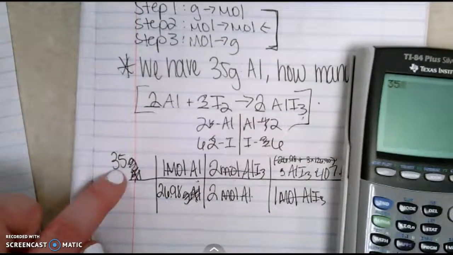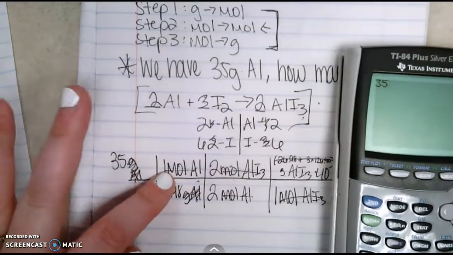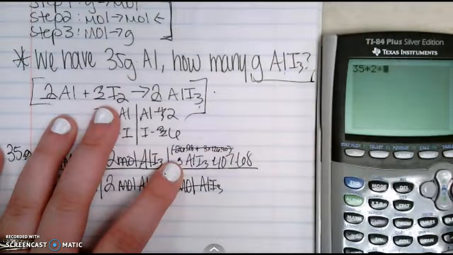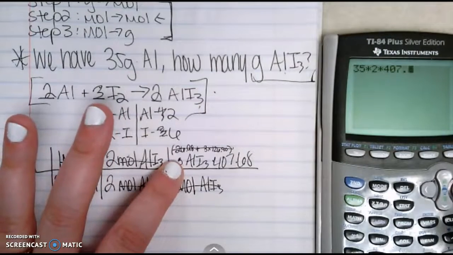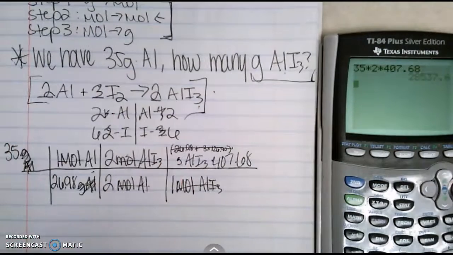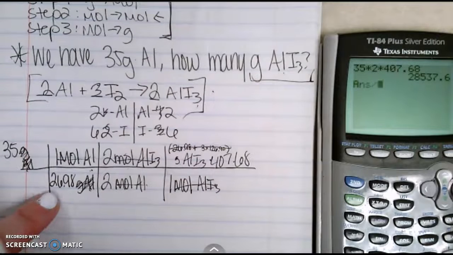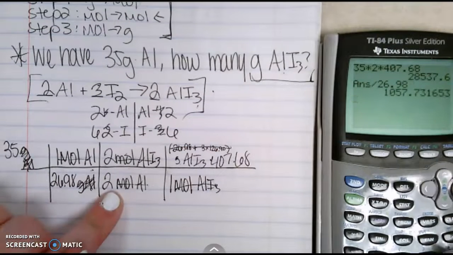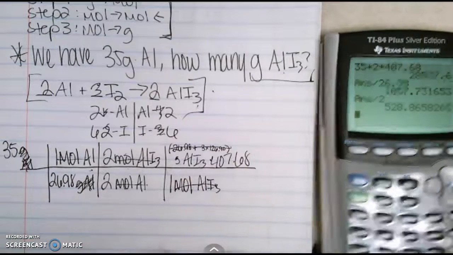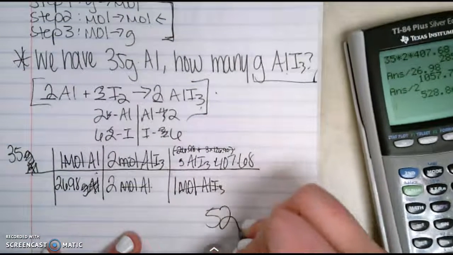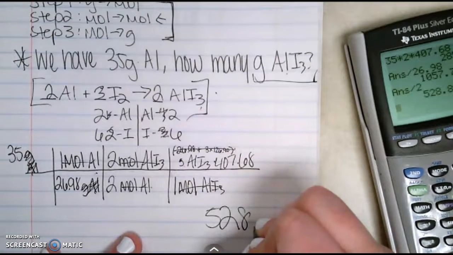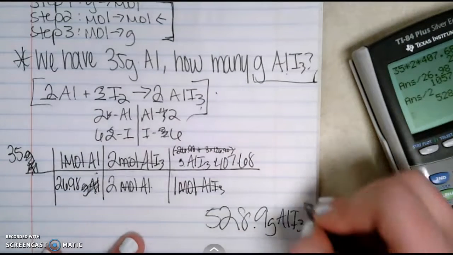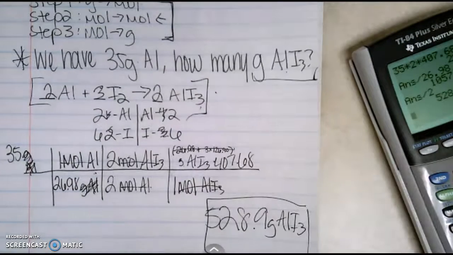So I've got 35 times 1, which I'm not going to do, times 2 times 407.68, and then I'm going to hit equals, divided by 26.98 equals, divided by 2. Gives me 528.9 grams of AlI3. That's my answer.